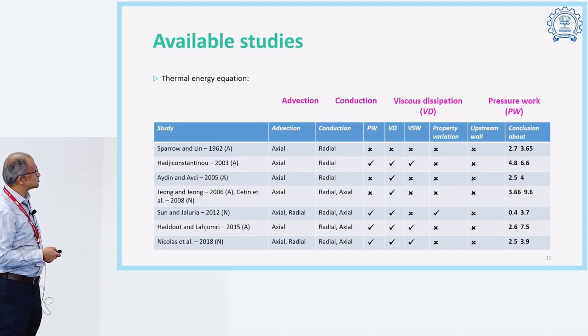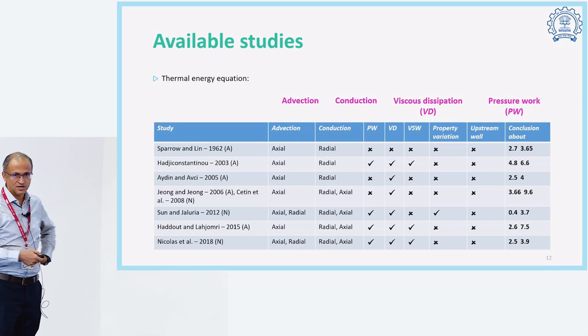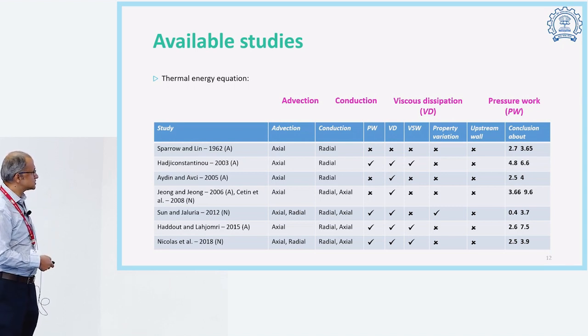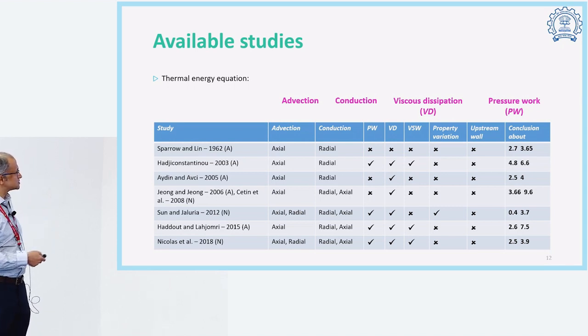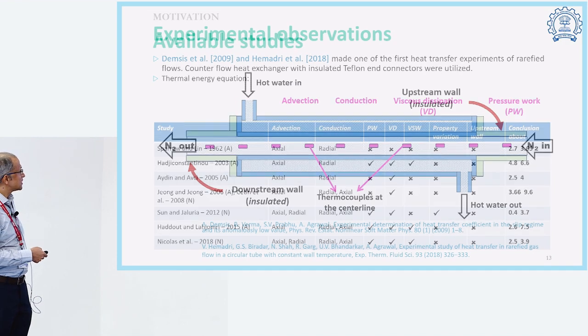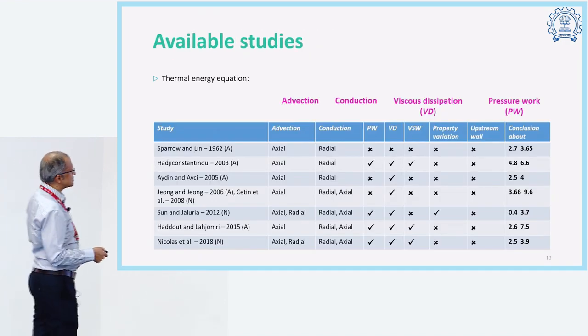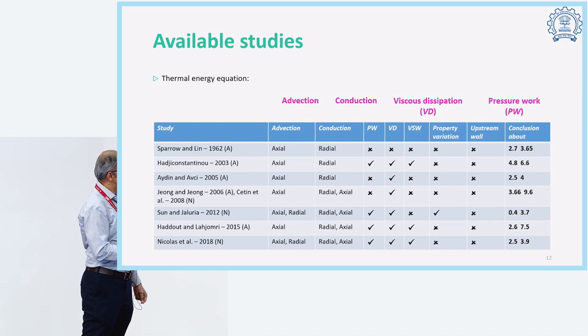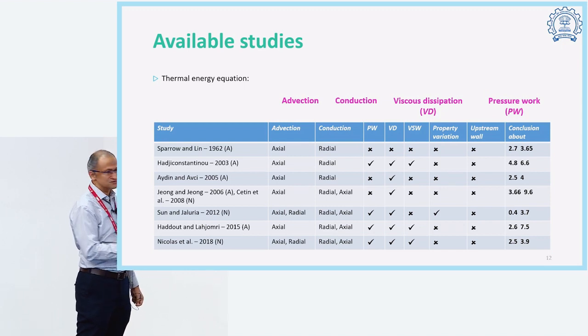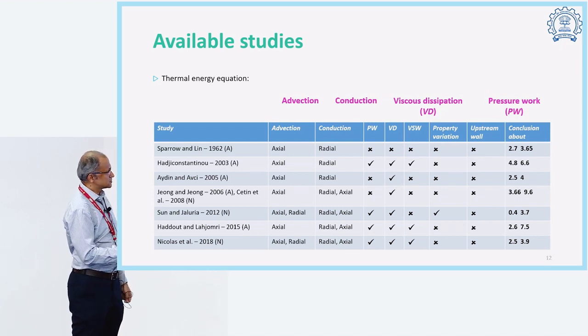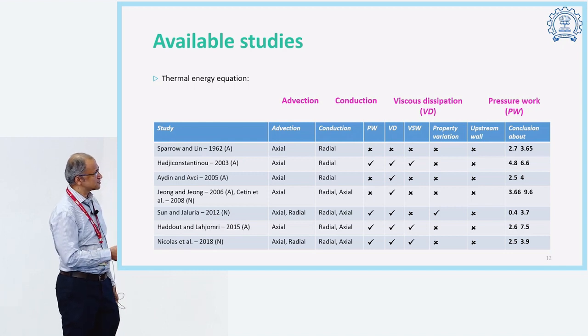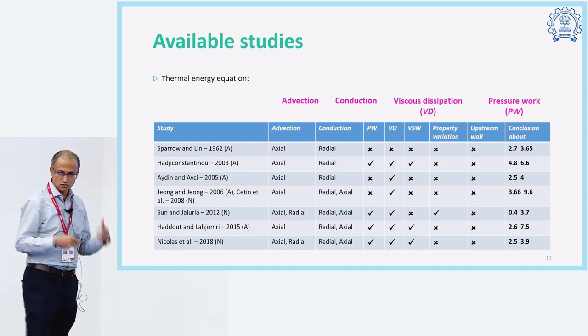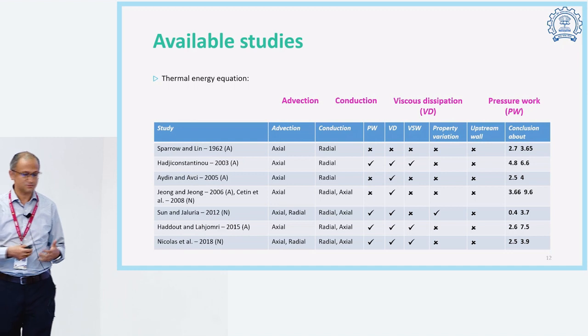And this is just one slide to say what people have done in the literature. There are studies looking at these effects in the past, and you can see that people have put in some of these terms in the equation, but not all the terms together, and not everything at the same time.